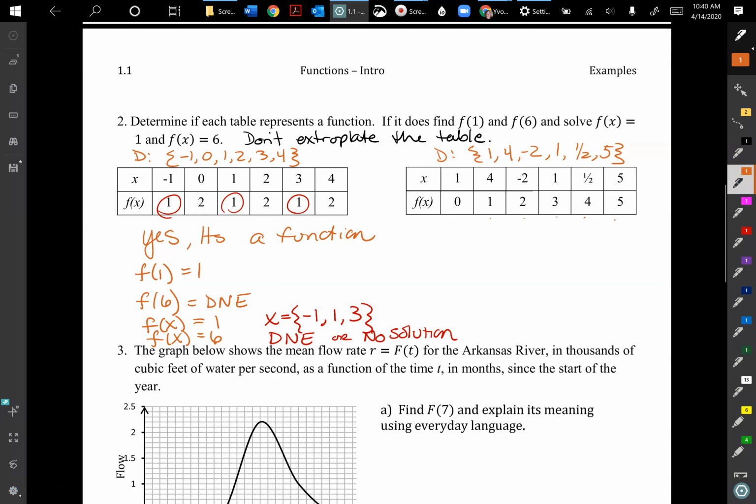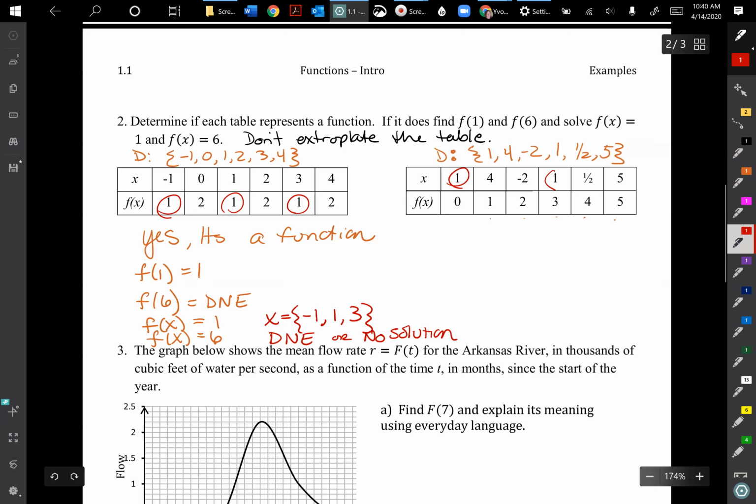So let's take a look and see if it is a function first, because it doesn't really matter what all the other things are. If it's not a function, we're not going to be able to even talk about function stuff, right? So we just stop. So let's find one case, which is all it takes for it to fail. So I start by just looking at what is the same in the x's, and do they go to the same y value or not.